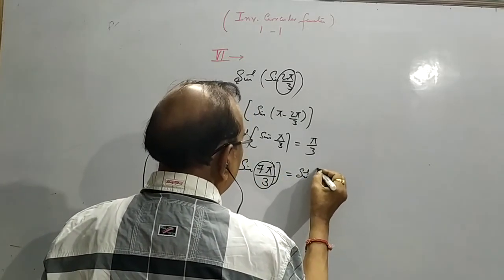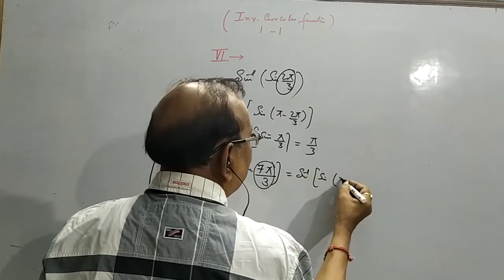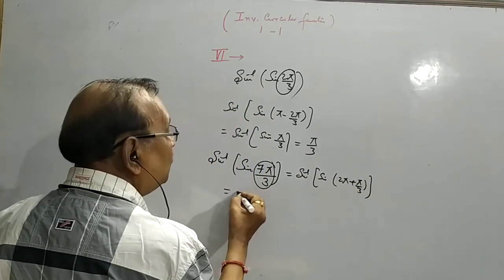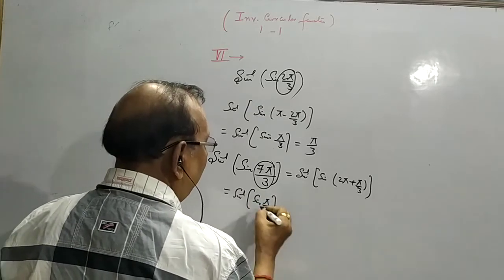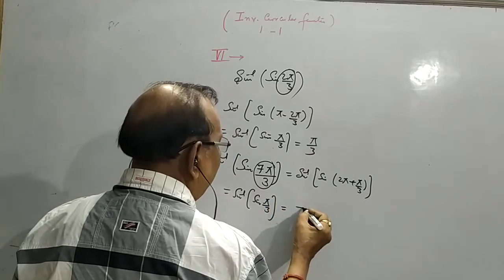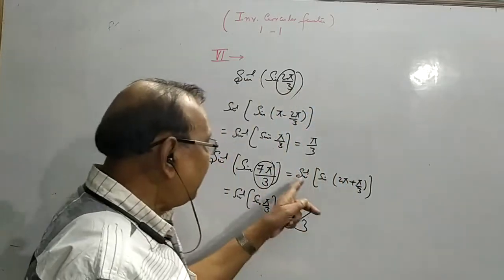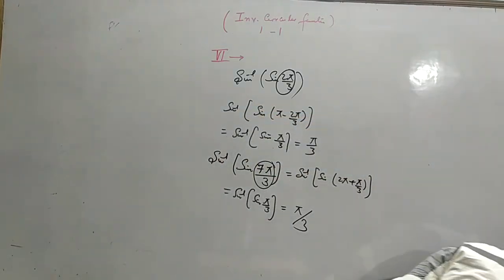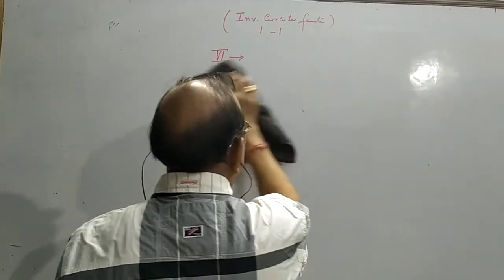Sin inverse sin of 2 pi plus pi by 3. That is equal to sin inverse sin pi by 3. And that will be again pi by 3. We can't directly write 7 pi by 3. That will be incorrect. Similarly, you may get others.